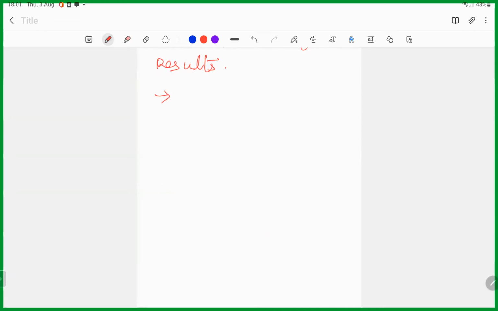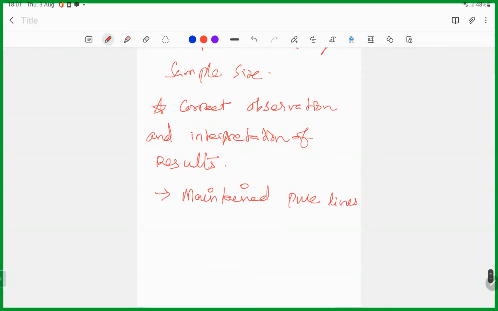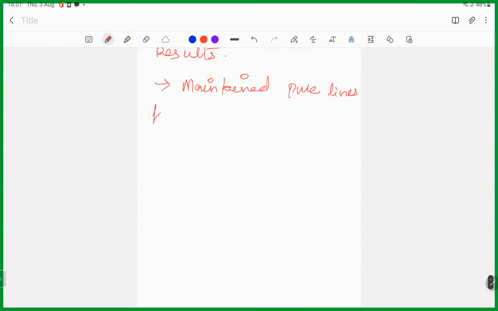He selected and maintained pure lines for all contrasting traits, or you can say characters.